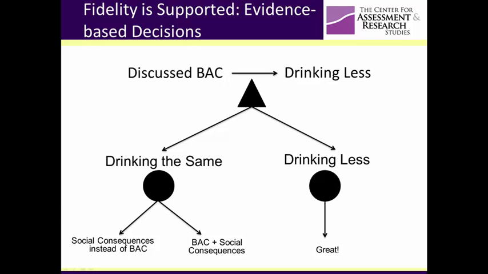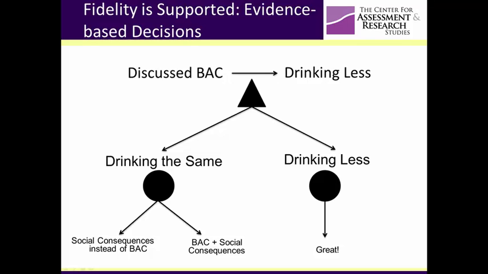The other option would be to add something to it. So in addition to BAC, we're going to increase our treatment, so to speak, and also talk about social consequences during that time. We can either modify the program by replacing that specific feature or add something to it.